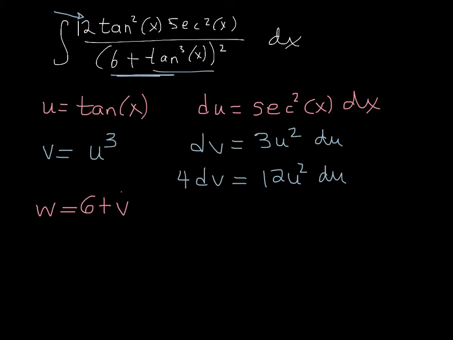Basically what you're doing is working backwards. And so then the derivative of w with respect to v: the derivative of 6 of course is 0, the derivative of v is just 1 dv.